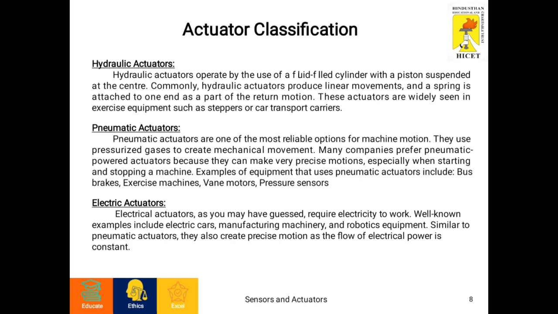The next one is the pneumatic actuator. Pneumatic actuators are devices that convert the energy of compressed air or gas into a mechanical motion that regulates one or more final control elements. The next one is electric actuators.